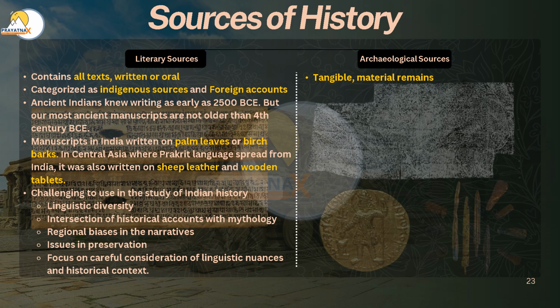As far as writing in India is concerned, it began as early as 2500 BC. But if we look at the material itself as seen in the manuscripts, it is not older than the 4th century BC. Now you'll see that these manuscripts present in India are written basically on palm leaves or birch barks. Now this is important.